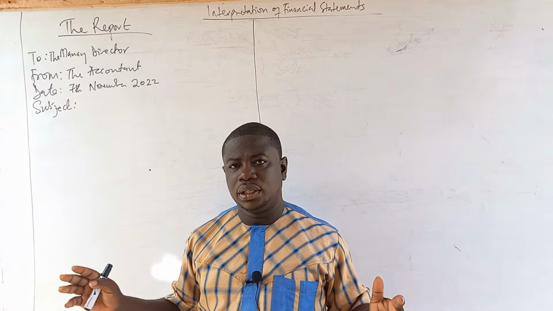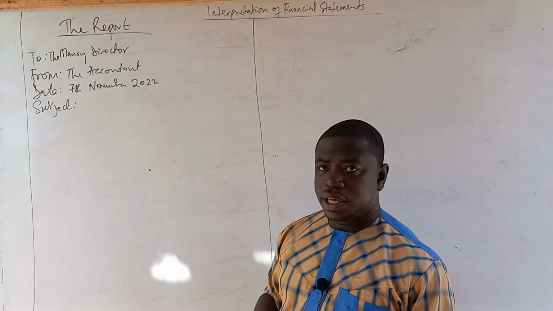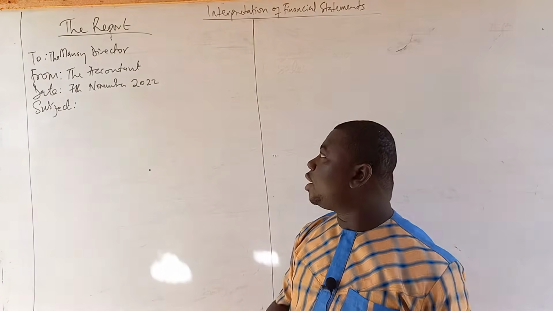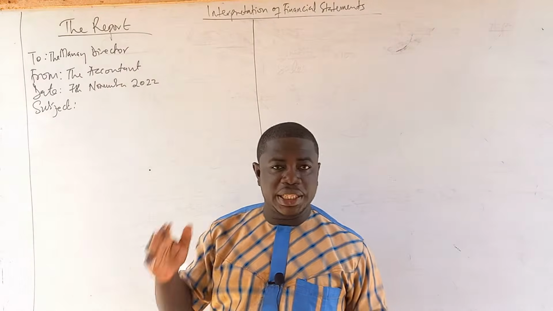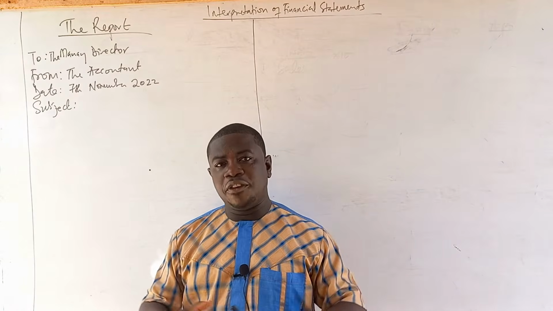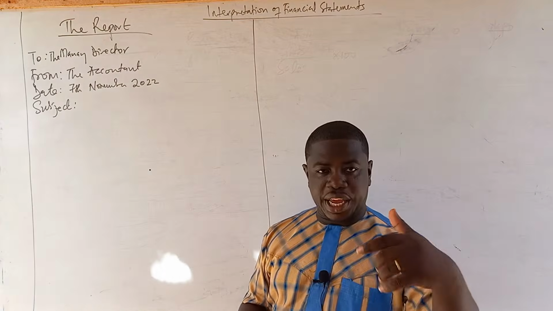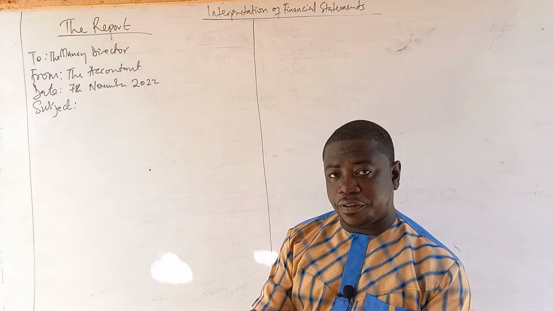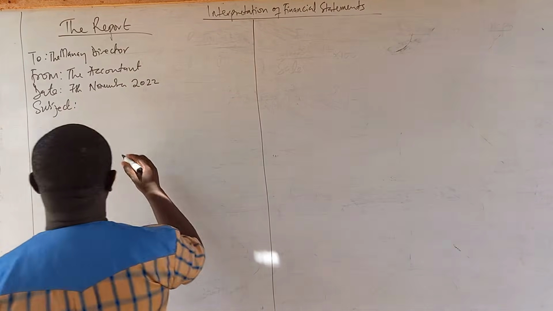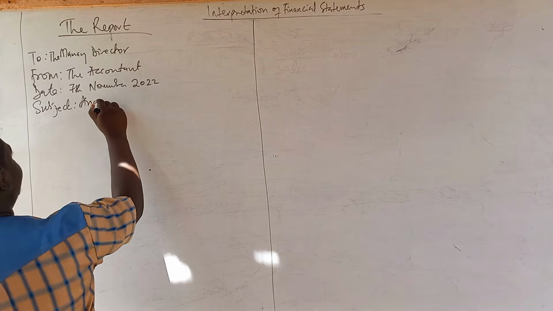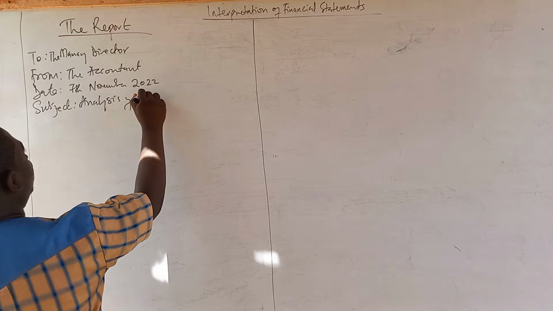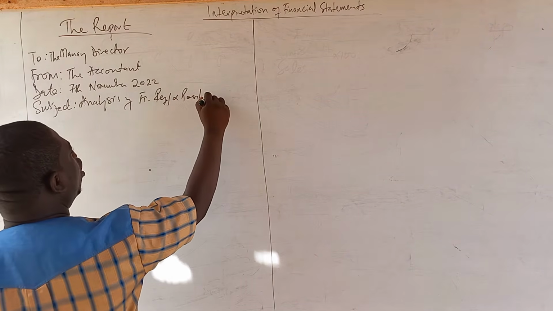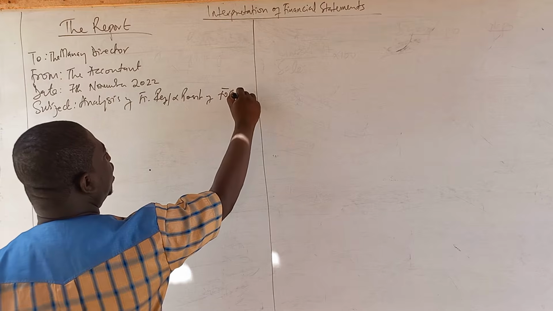Just a line. So you can say that subject, analysis of financial performance and position of, then you mention the name of the company. If the company is, let's say, FOG Limited, and the exam is requiring that you analyze financial position and performance of FOG Limited, your subject is going to be analysis of financial performance and position of FOG Limited.